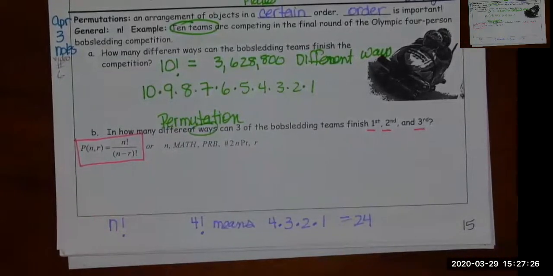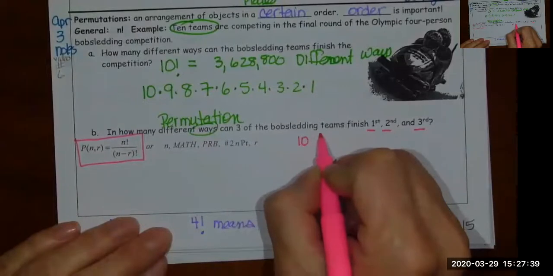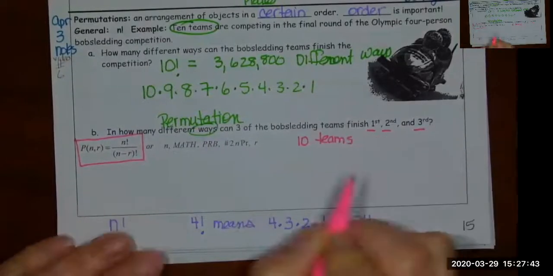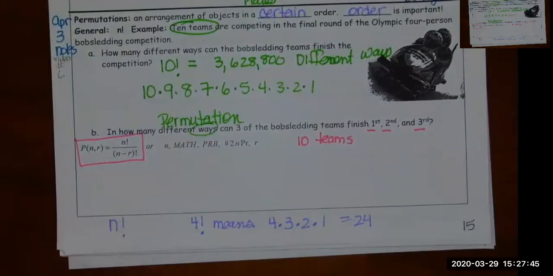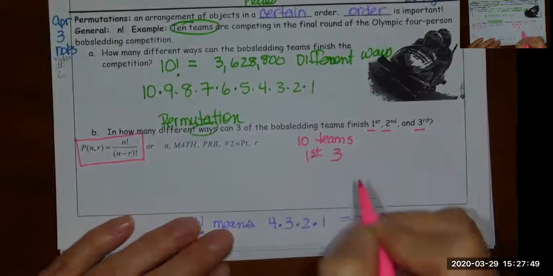There's a couple of ways to do this. One is with a formula. There are 10 teams, and we want first, second, and third, so we want the first 3.